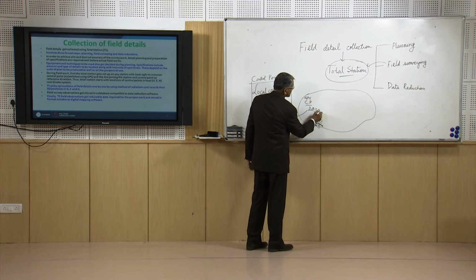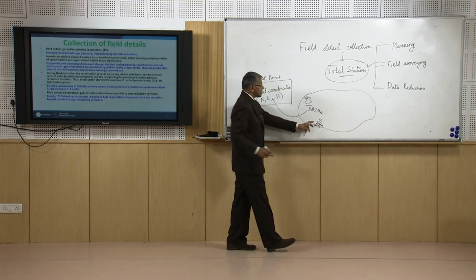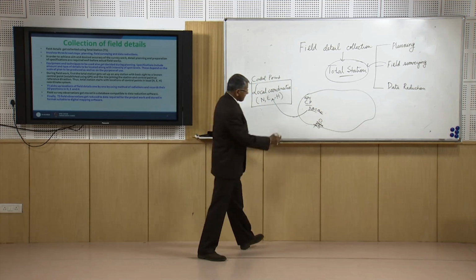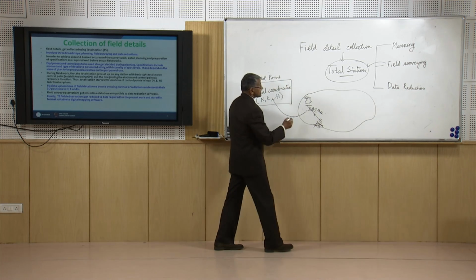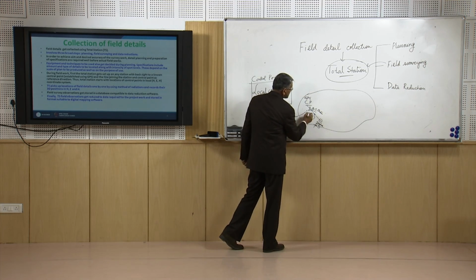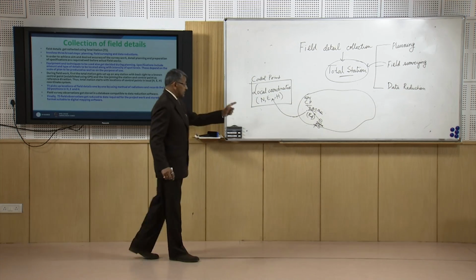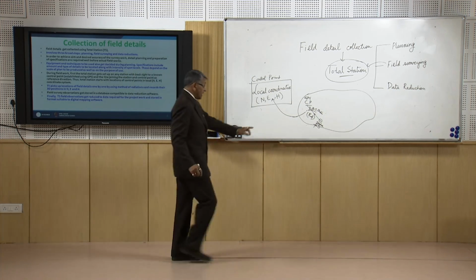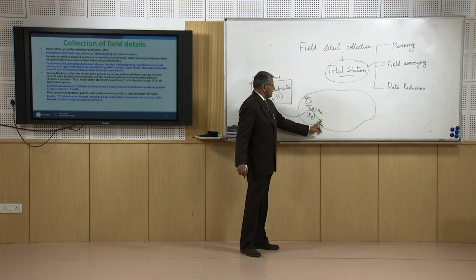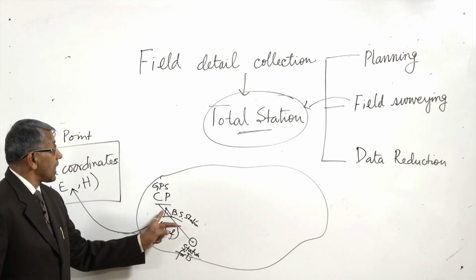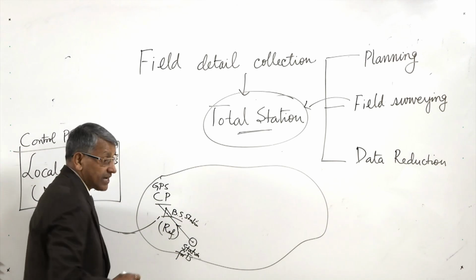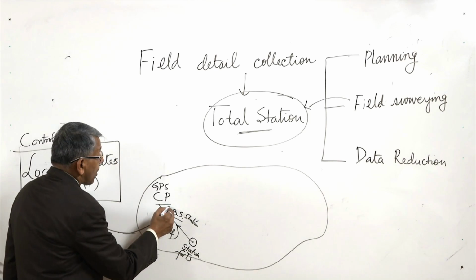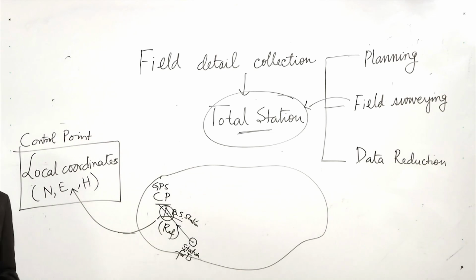This is the back side station to start the total station work, and we should take this direction as the reference direction. So, the line joining the total station and the GPS control point will be the reference direction, and the location of the GPS control point will be the backside point.